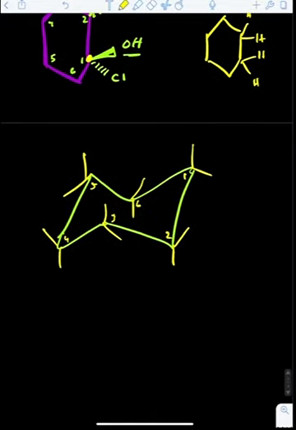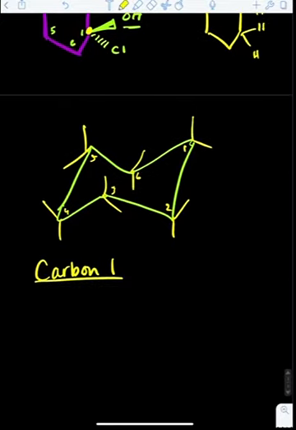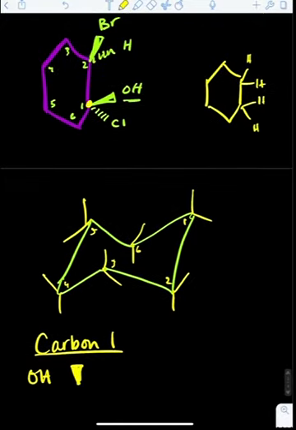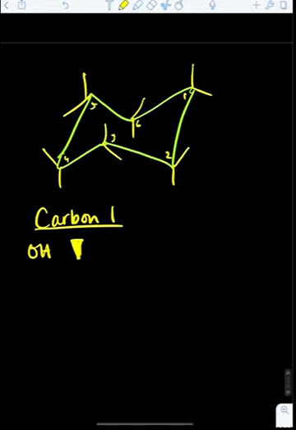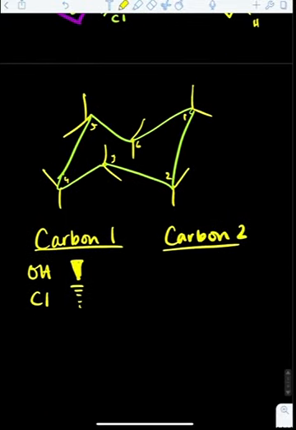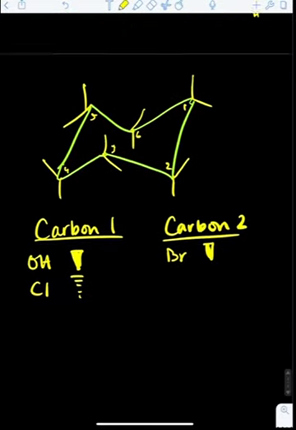So I'm going to write that. So on carbon 1, we have an OH on a wedge, and then we also have a Cl, so a chlorine, on a dash bond. And on carbon 2, we have a bromine on a wedge and a hydrogen on a dash.